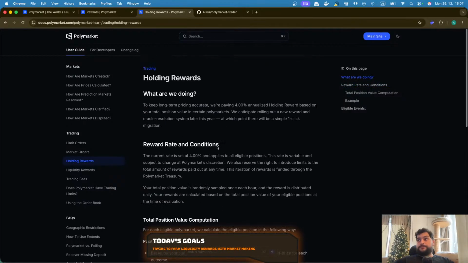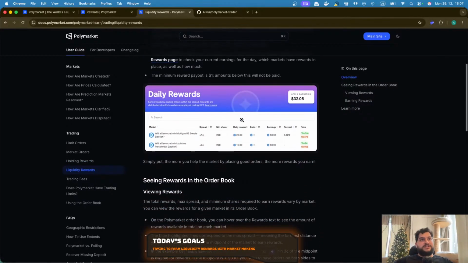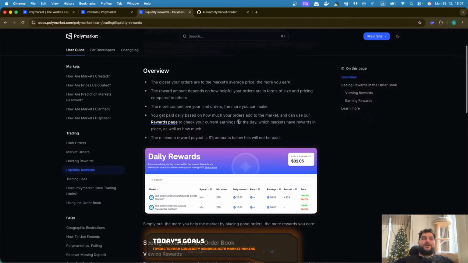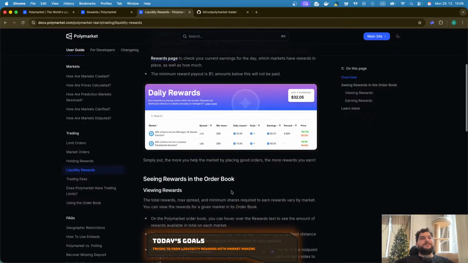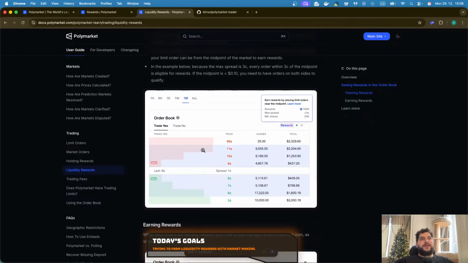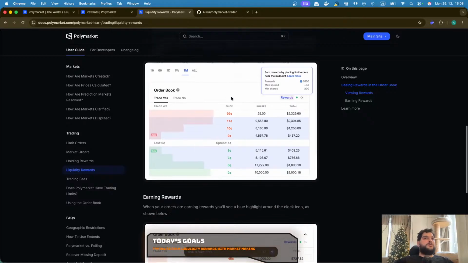But what we do want is the liquidity rewards, which is a little bit different. You don't have to actually have any positions, and actually you have to not have any. I mean, you can have some, of course, but the more capital you gain from this strategy is from just placing orders around the current price, creating liquidity in the order book so others can trade using your liquidity.